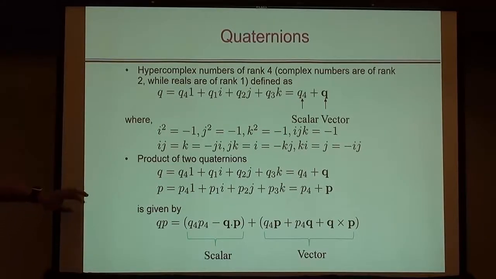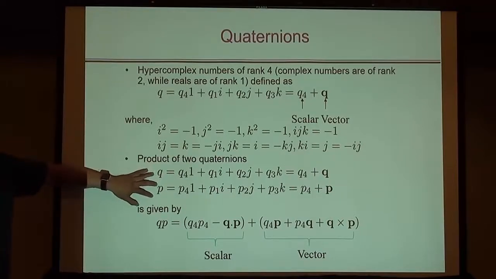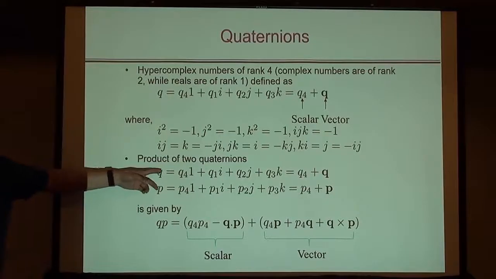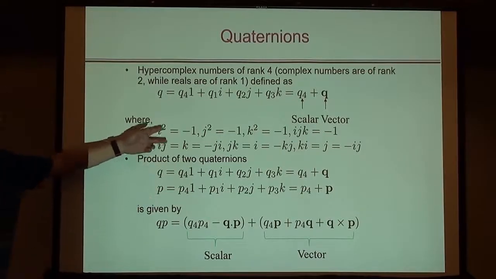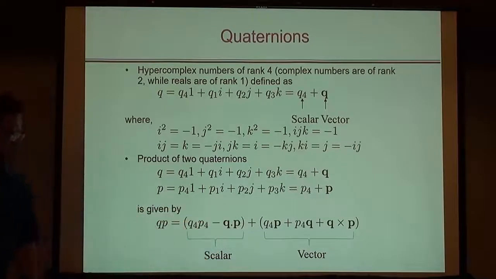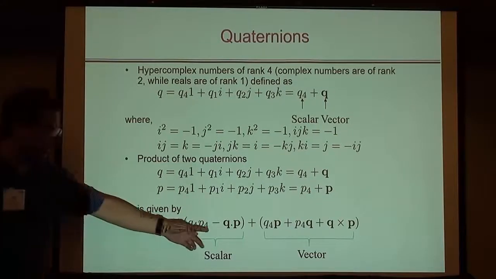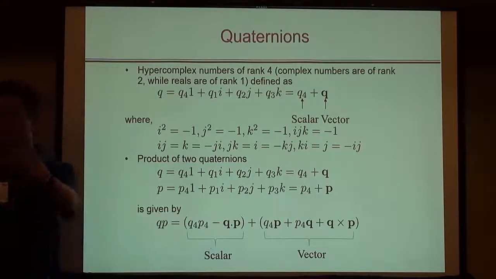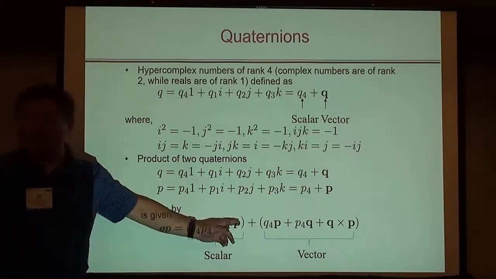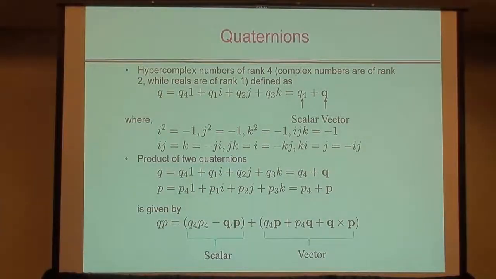So the product of two Quaternions, once you know these rules and you multiply them, okay, you apply the rule and you can write down what the results are in what appears to be a vector form. Okay, here we are overloading the symbol, right? So Q and P here, we really mean vectors.